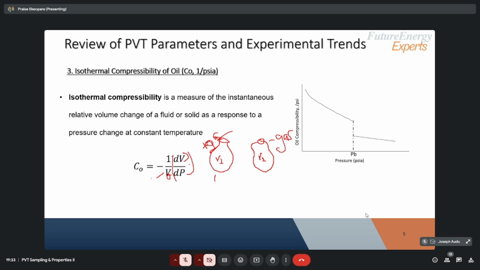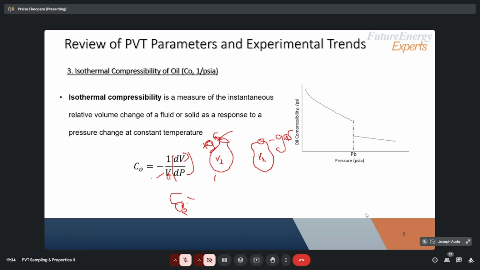Then when you multiply the effect of that change on your volume, you will now get the effect of compressibility. So how we calculate this in the lab is, let's say we want to calculate CO at volume 2.